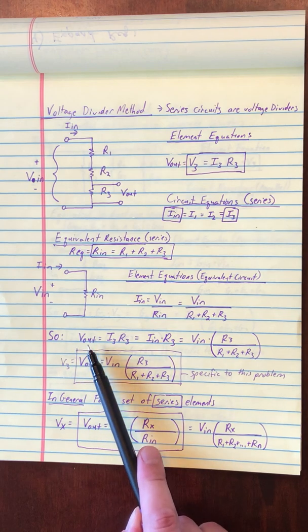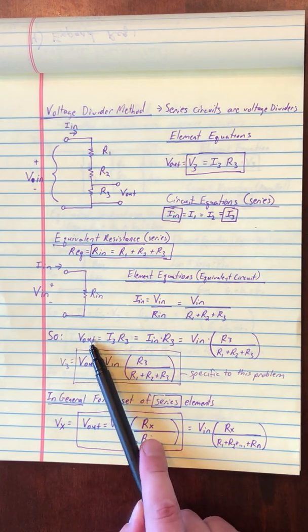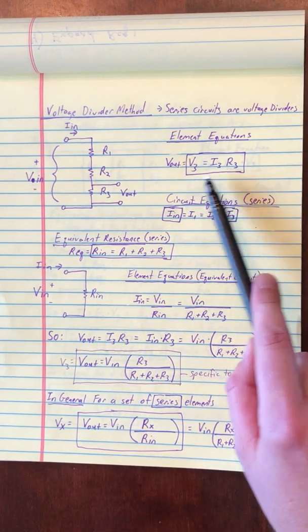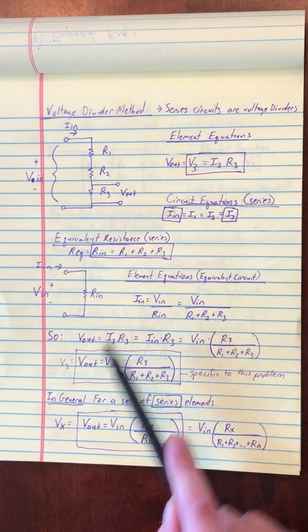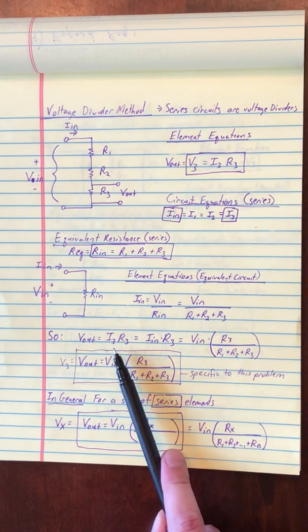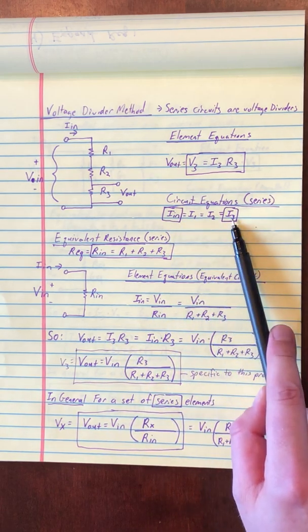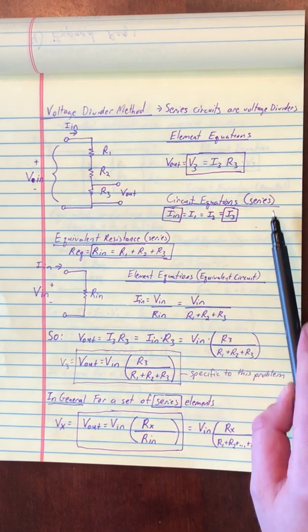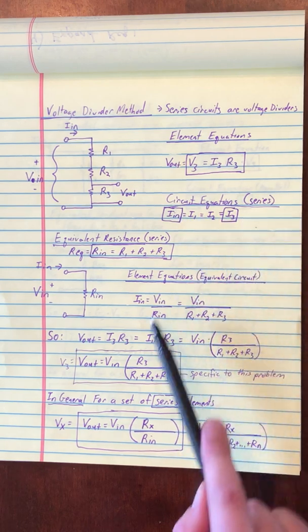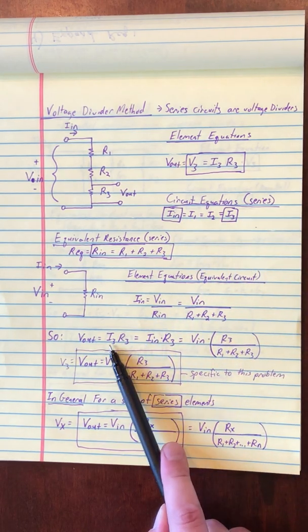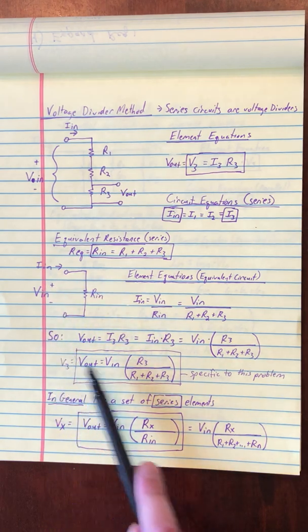We're looking for V out, so I'm going to go back to our equation for V out from the element equations, and that's I3 times R3. Copy that down here: I3 times R3. Then substitute for I3. We see IN is I3 by the current law, so we substitute IN for I3 because we want this in terms of IN and VN.